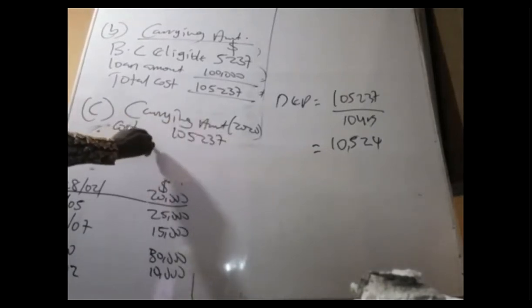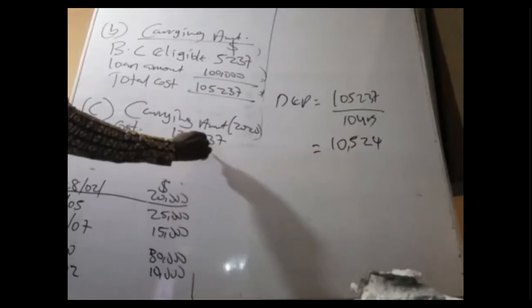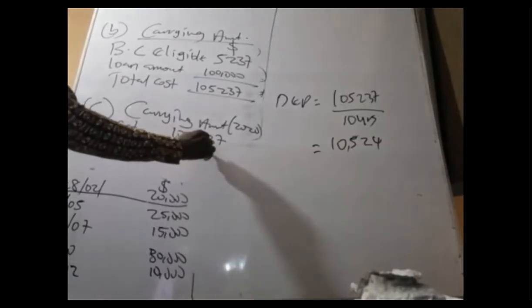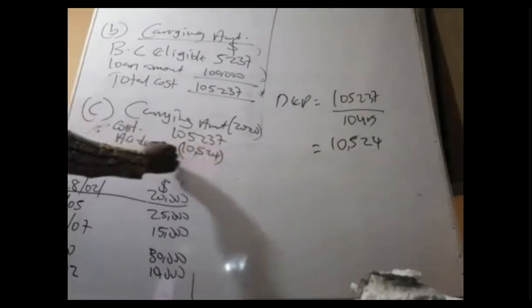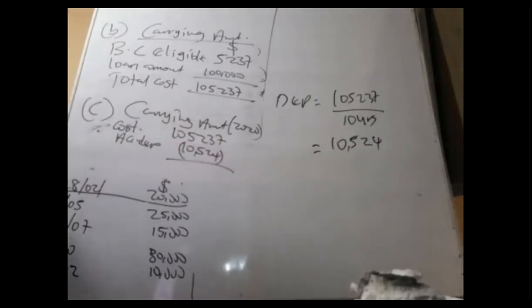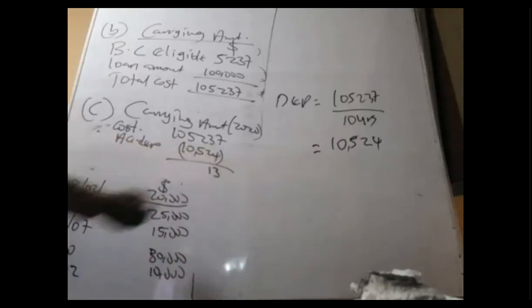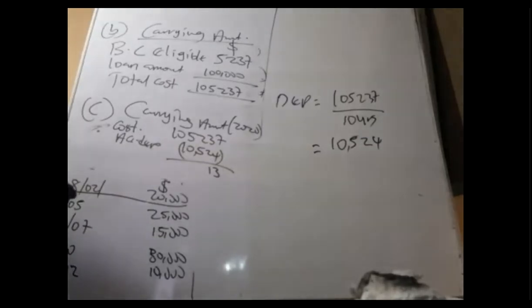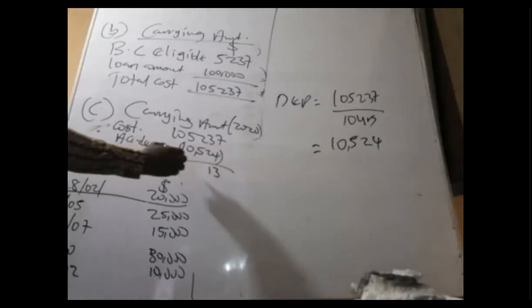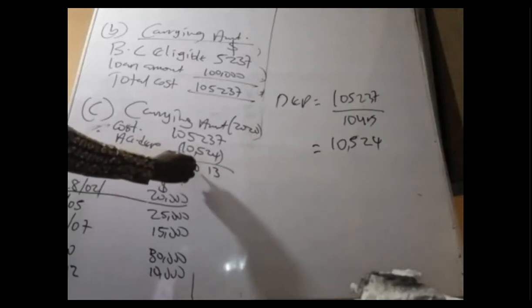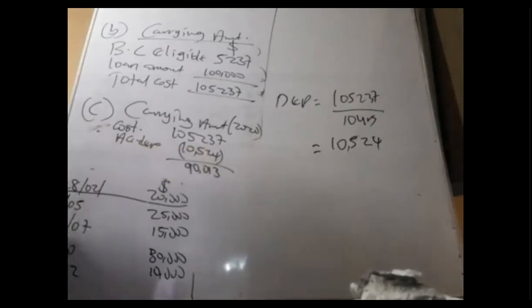Accumulated depreciation is 10,524. What happens is the current amount becomes what? Something like 13. Okay, so 13 gone. That's 90 something, right? So 90,013, if my calculator is correct.